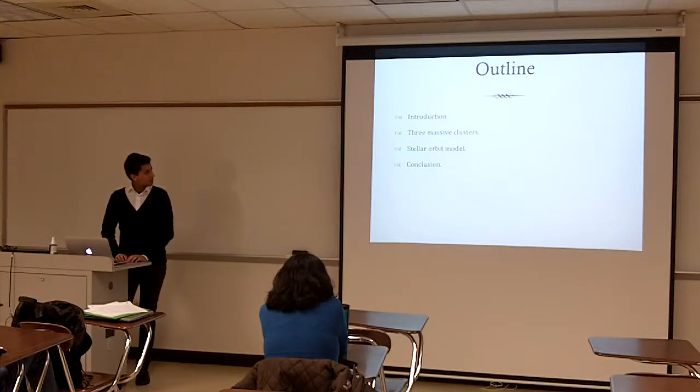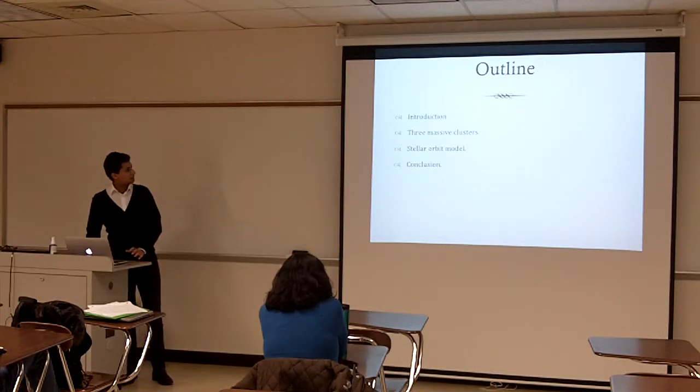After that, I will shift gear to the stellar orbit model from the other paper I've read. Before that, I will talk about what they actually did before and go to the method they used. And finally, I will just give a summary of what I presented.